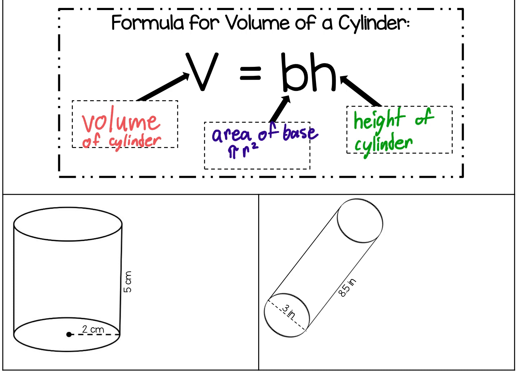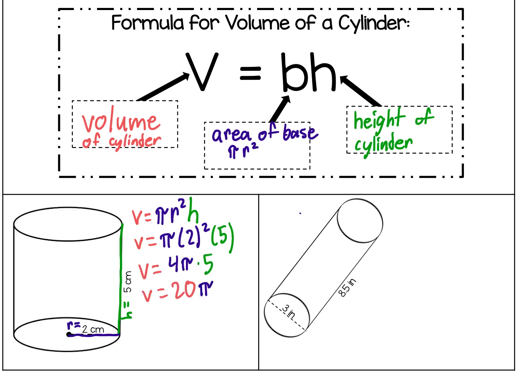For the cylinder on the left, notice that the distance from the center to the outer edge, or the radius, is 2 centimeters, and the distance from the top to the bottom, or the height, is 5 centimeters. Using our formula, V is equal to the base times the height, we can write V is equal to pi r squared h, where r is 2 and h is 5.